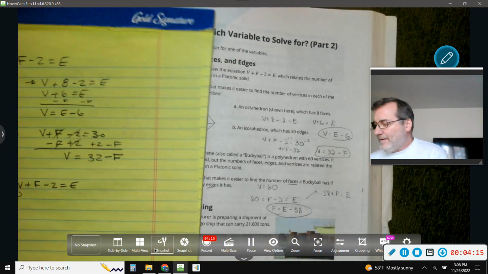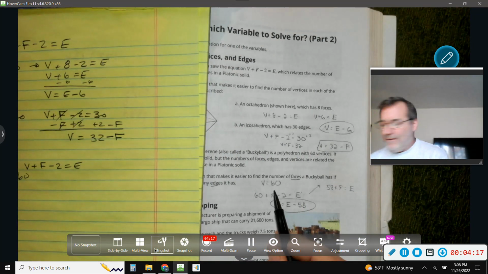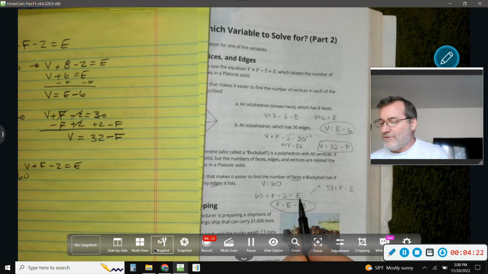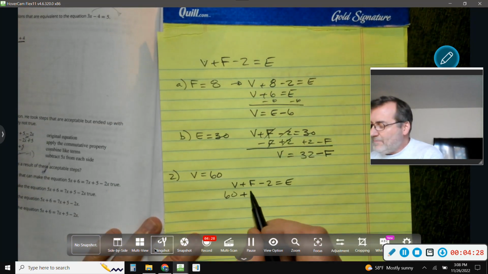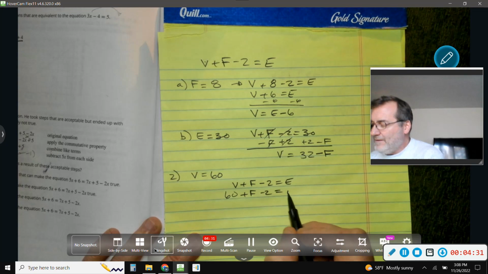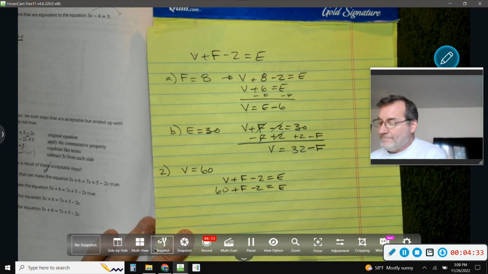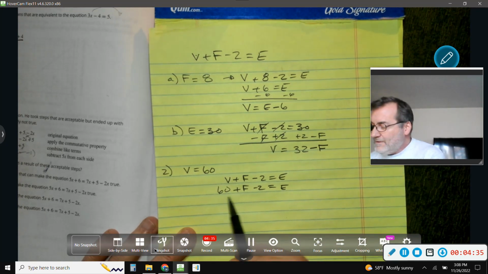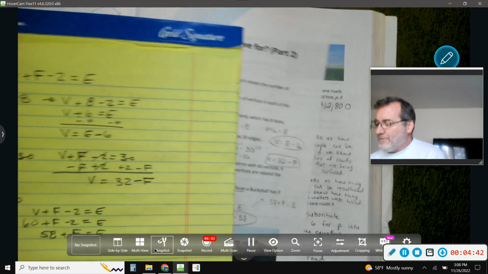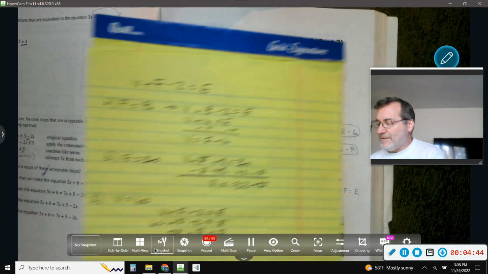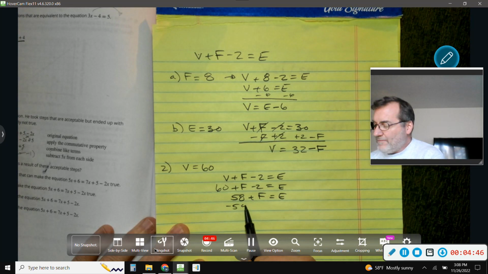So we set up this thing, and there's our E. We're going to solve for the number of faces here, solve for F. So 60 plus F minus 2 equals E. Solving for F, 60 minus 2 is the same as 58, so 58 plus F equals E. Remember, you're trying to solve for the F in this thing, so you simply subtract 58 from each side.